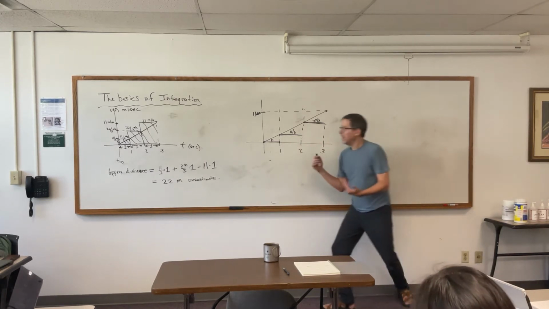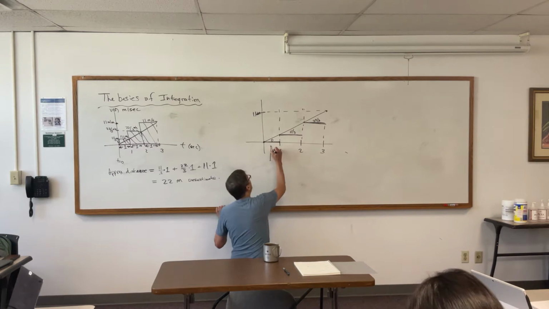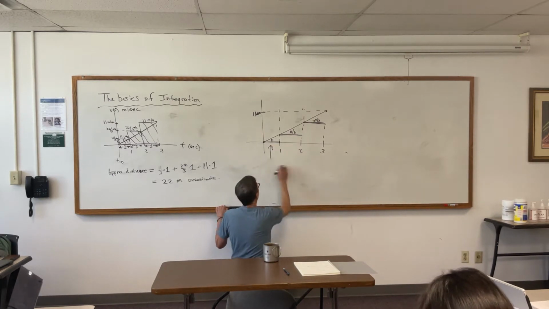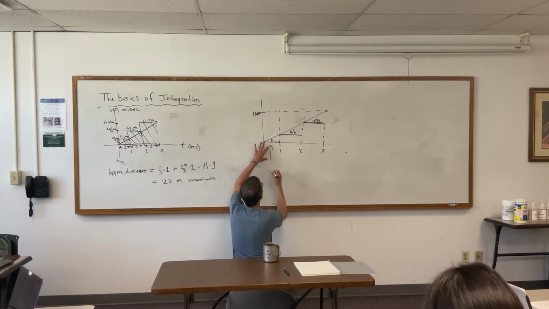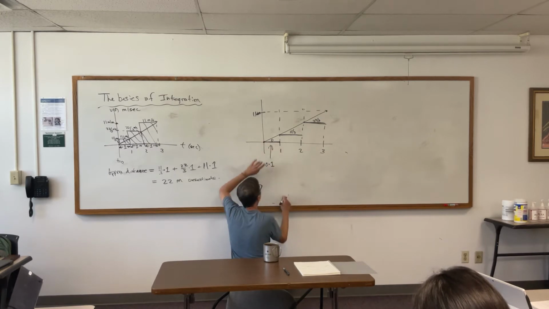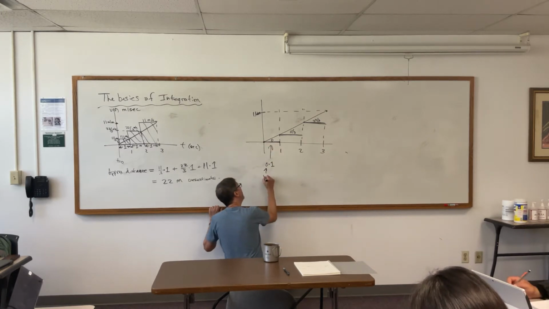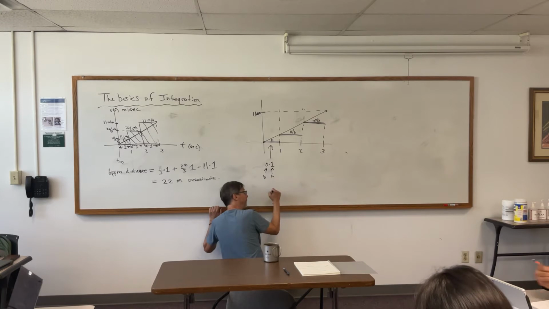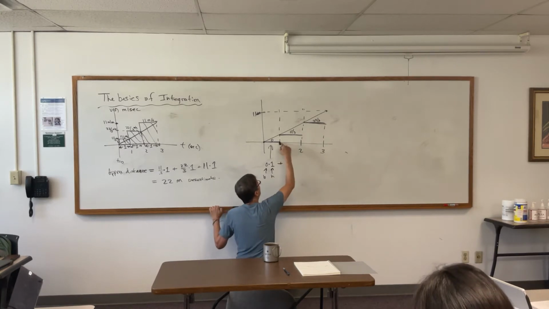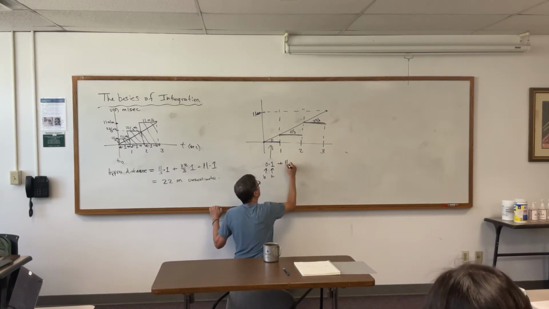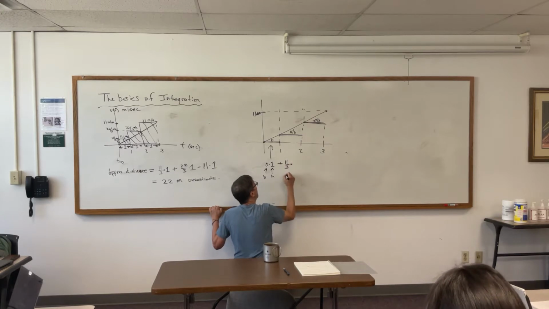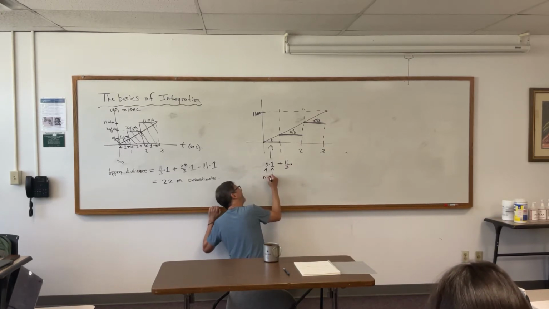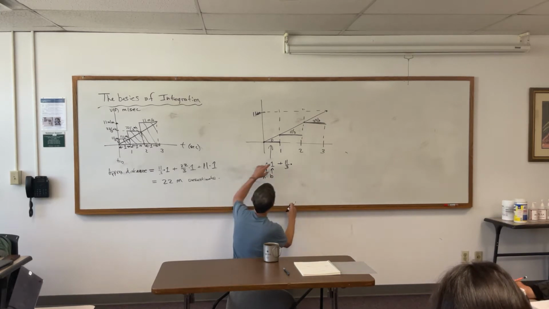And so this first rectangle, this individual here, has a height of 0 for 1 second. So this is base, and this is height. Plus this one here, I had 11/3. Sorry, I got this backwards.